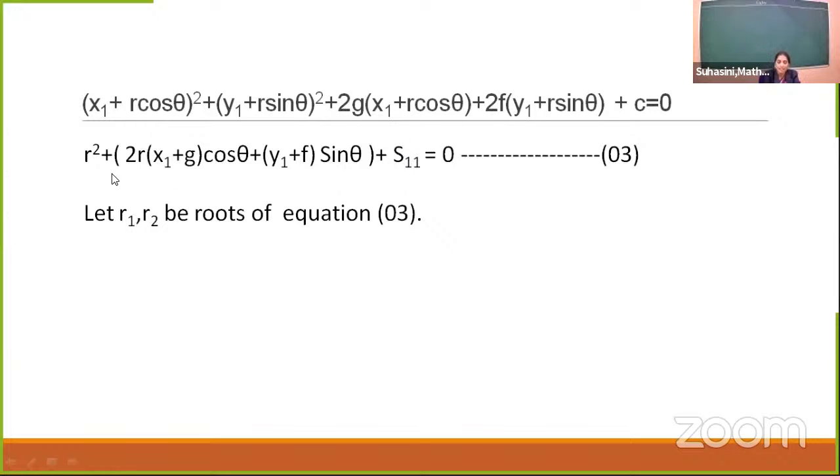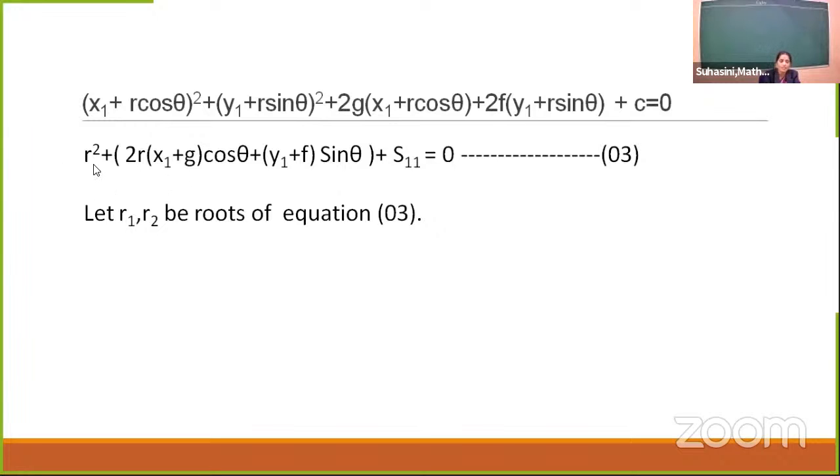Okay. Now this is in the form of a second degree equation, ax square plus bx plus c. Since it is a second degree equation, there exist two roots.